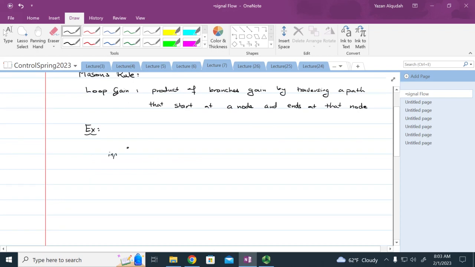If we have an input, and we have G1 here, G2, and H1, we have G3, G4, H2, G5, and G6.